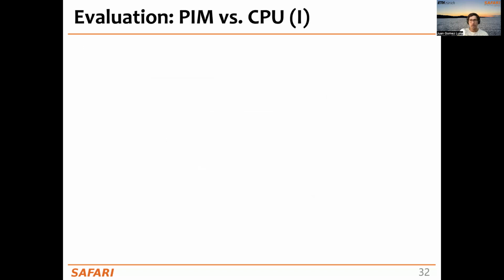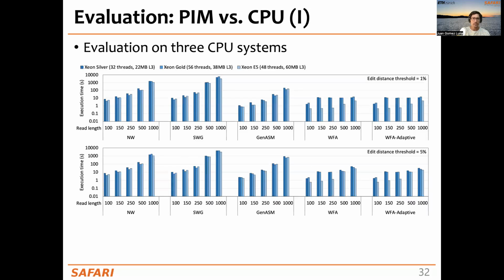So let's start with the evaluation. First of all, we are going to compare the performance of the different algorithms on the 3 CPU systems. Note that these 2 plots show the execution time for different algorithms, Needleman-Wunsch, Smith-Waterman-Gotoh, WFA, and WFA-Adaptive for different read lengths from 100 to 1000.